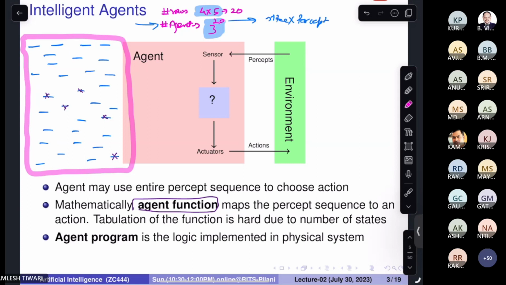Once again, number 1 point: out of them, to my agent, I'm going to assign only one profile. Let's assume that if I assign this profile to my agent, my agent is going to work based on this only, and these other things are not going to work. Number 1, I have neglected all of them. I have only chosen one of them. Is it clear?